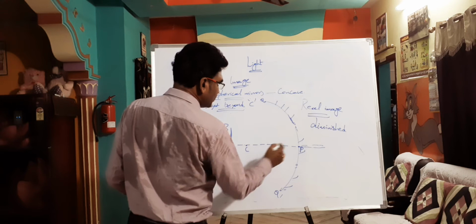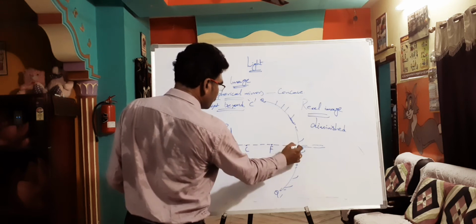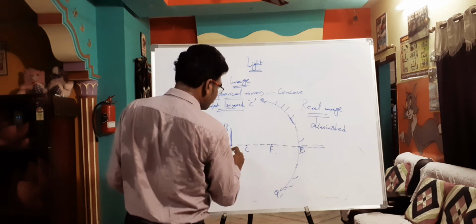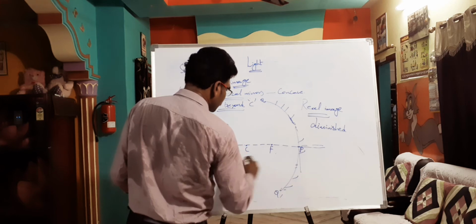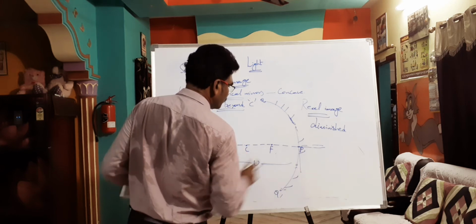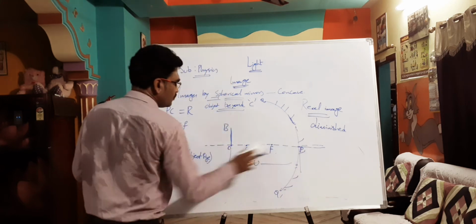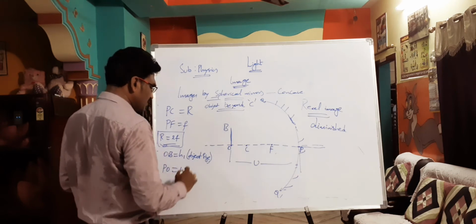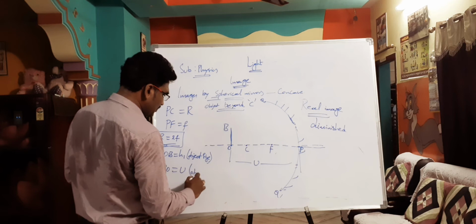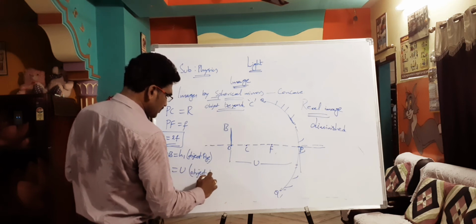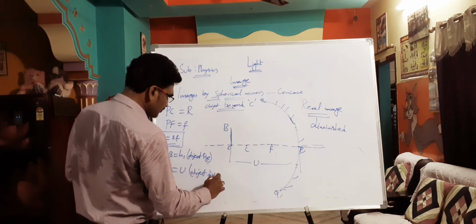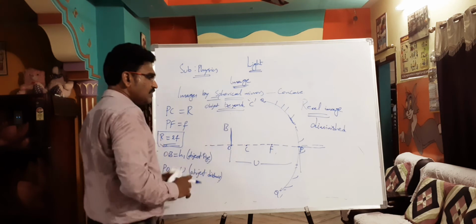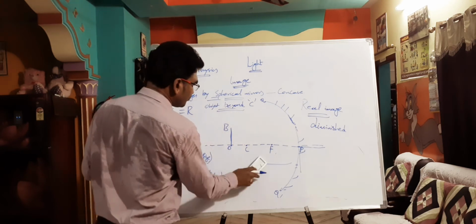From what distance is it there? PO, from here to here, is called the object distance U. So P to O, that is PO, is nothing but the object distance, denoted by the letter U.